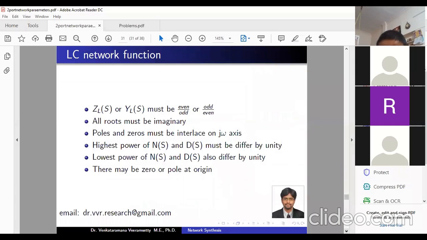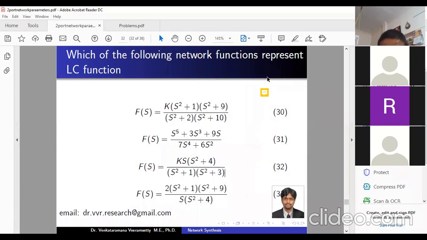Next, the degree difference. What is the higher degree in the numerator? s cube. And the higher degree in the denominator, s to the power 4. So the higher degrees in the numerator and denominator differ by 1, right? Similarly, what is the lower degree here? 4 into s, that is s power 1. So the lower degree is 1.